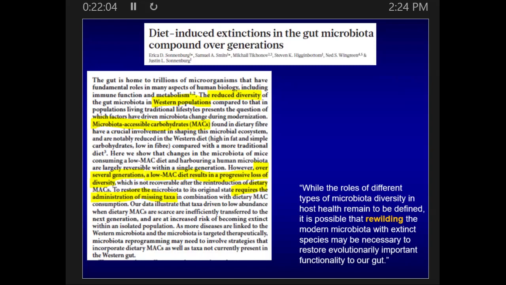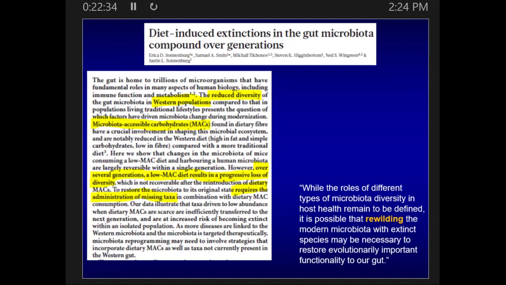And they're saying even if you flip into the best diet you can think of, it may not be enough to get back the microbes that seem to have gone extinct. And so there's this new term, rewilding the microbiome, where they're saying we may have to create probiotics that have these strains that seem to have gone extinct, especially in the Western population.